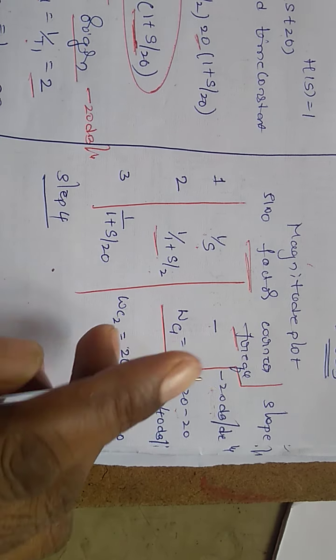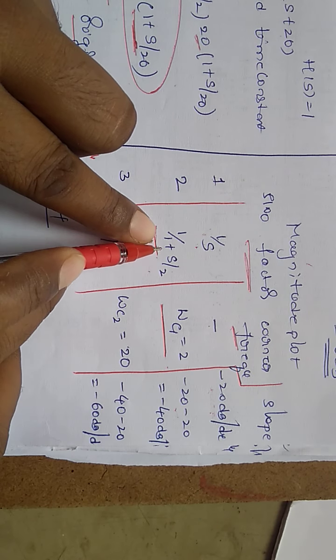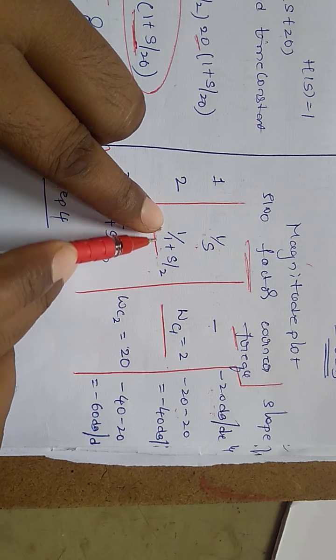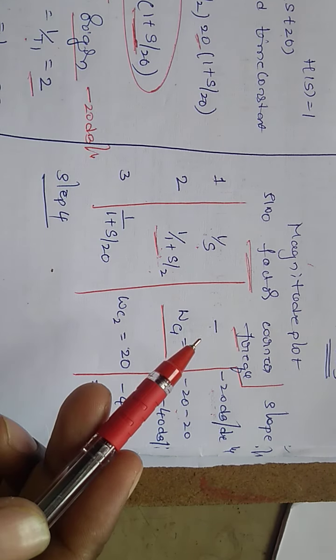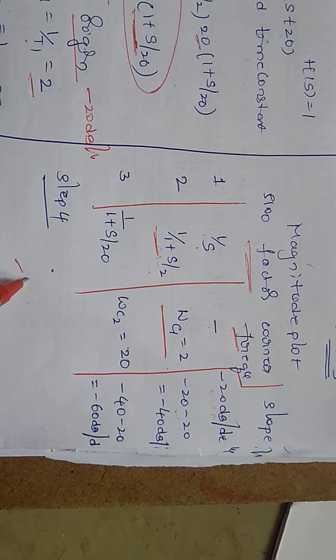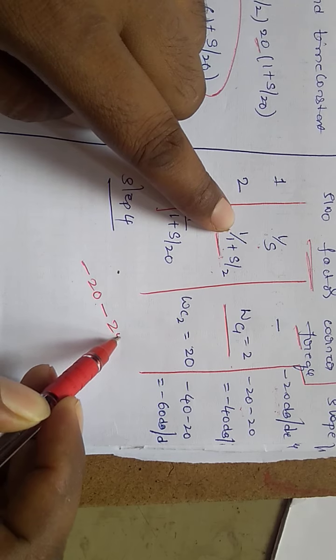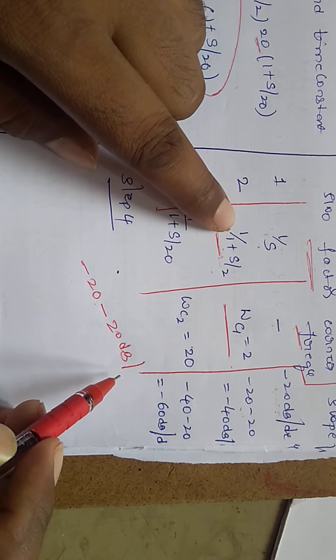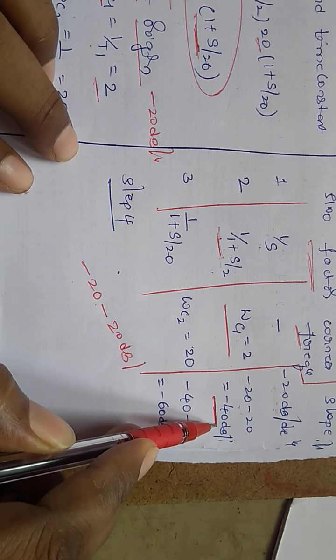The slope for the first, 1 pole at origin, is minus 20 dB. If you consider the next pole in the denominator, you have to add again the slope value minus 20 dB. Initial slope is minus 20. Adding again minus 20 dB per decade for the second factor, the total magnitude slope is minus 40.